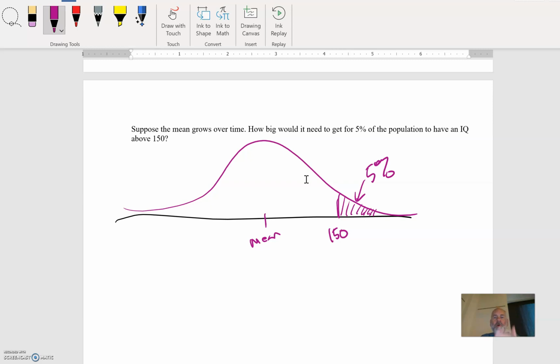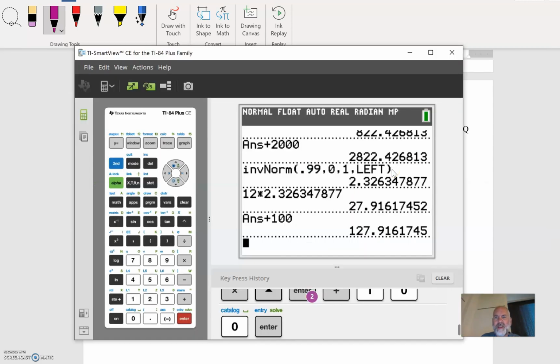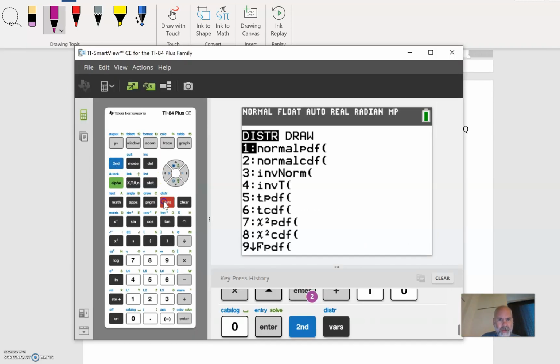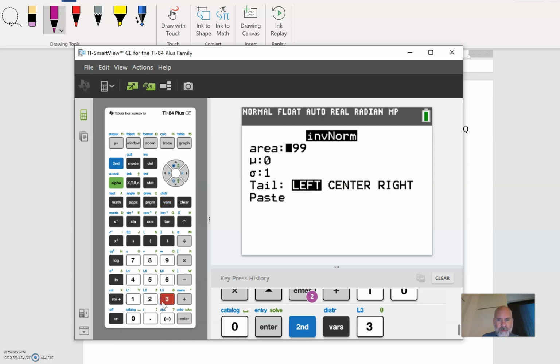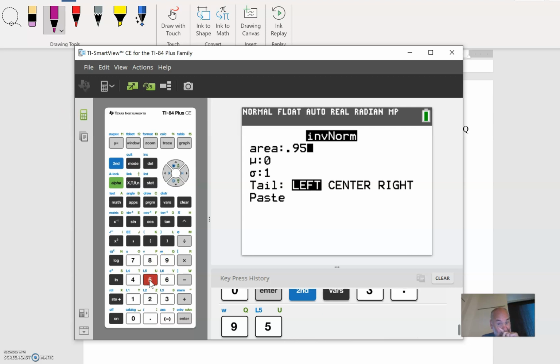Well, we know the percent, so going to the flow chart, starting from the percent, we're working backwards. We're not going from z-scores to percent. We're going from percent back to z-scores, inverse norm. So we've got to use inverse norm. I can go to distr, inverse norm, and I want 0.95 to be to the left because I want to be at the spot where there's only 5% above you.